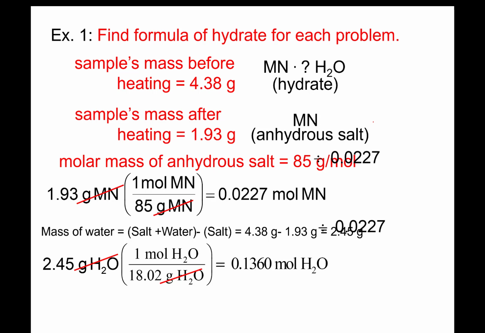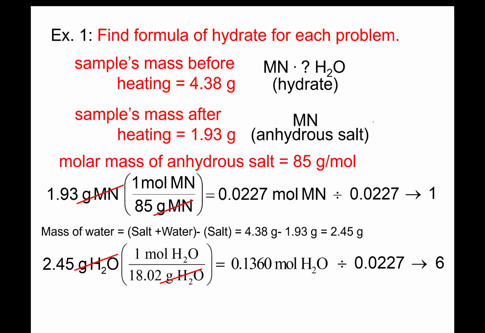Divide by the smallest number. They're already whole numbers, so we don't have to multiply anything. So our formula, notice then that there are 6 waters for every 1 of our anhydrous salts. So the salt dot 6 H2O is the formula for this hydrate.